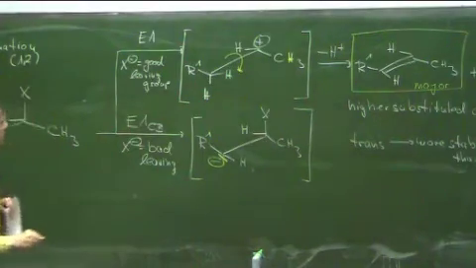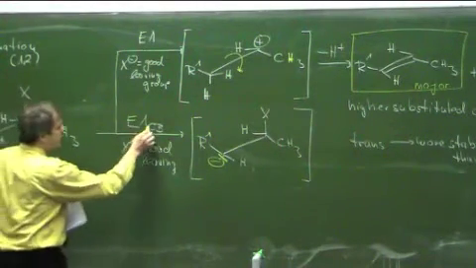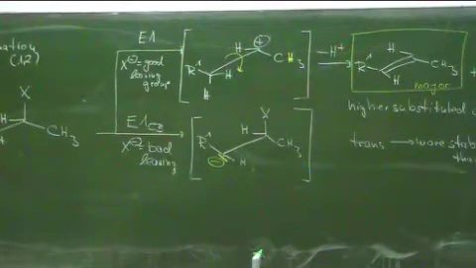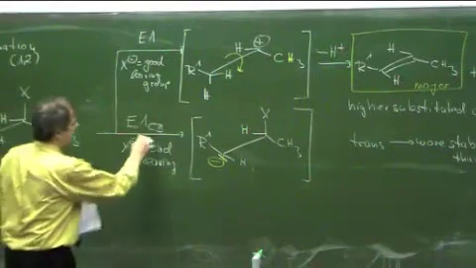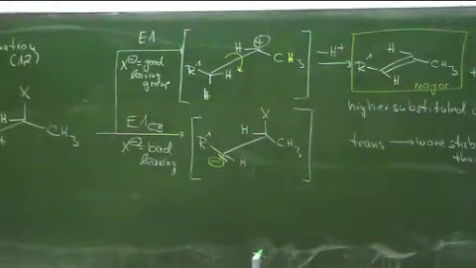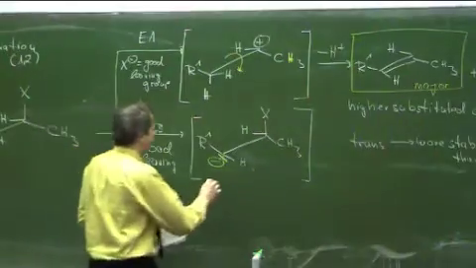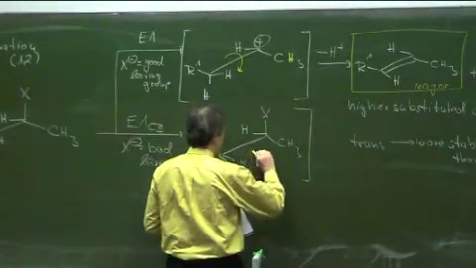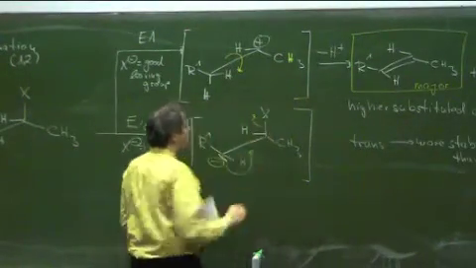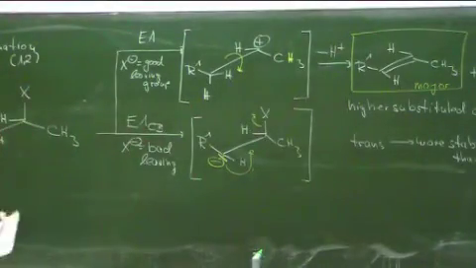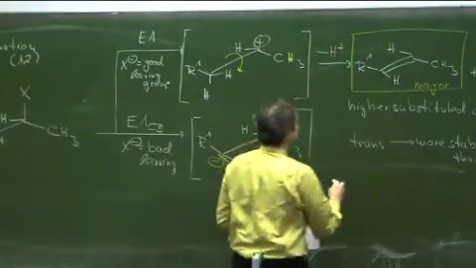So we go through a carbanion. This is why we have the CB notation here. And this is generally a fast process. And then the rate determining step is that eventually the leaving group is being pushed out by the anion.